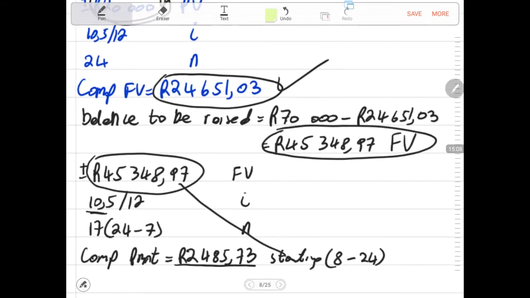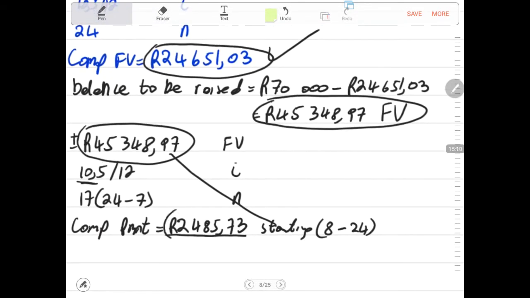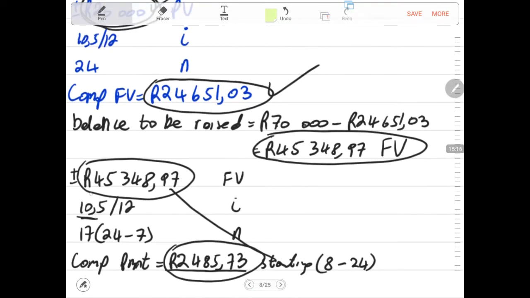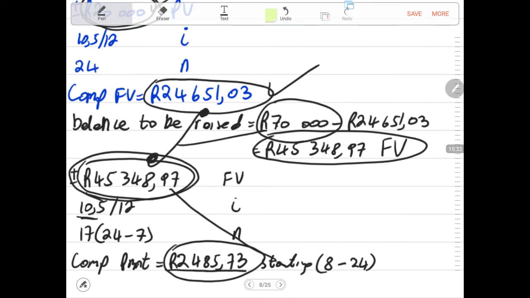Then if we make monthly payments of 2,485 rand 73 cents, this will lead us to get the 45,000 in the future. Therefore, what we need in the future plus what we have in the future will give us the total of the 70,000 that we need to raise for our holiday trip, which will take place in 24 months.